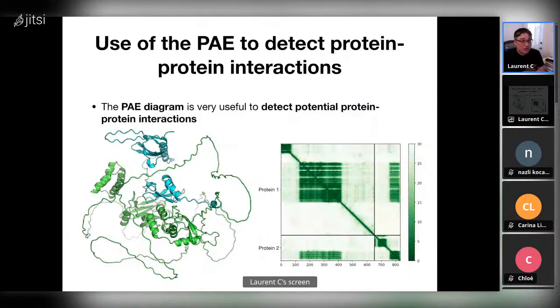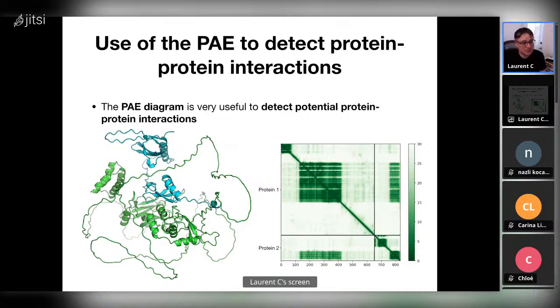So what we do in the lab, we typically do screens for protein-protein interactions. And one of the ways we use to detect that we have indeed an interaction between our proteins of interest is looking at this PAE diagram.